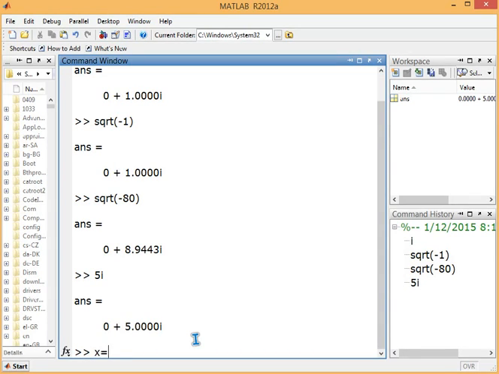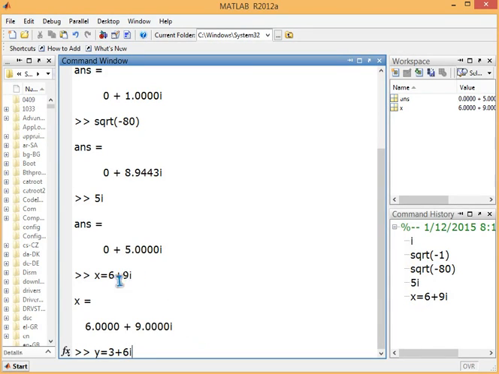For example, if we have x is equal to 6 plus 9i, and we take y is equal to 3 plus 6i. Please remember these two, because we are going to perform operations on these two only. x is 6 plus 9i, y is 3 plus 6i. Okay.